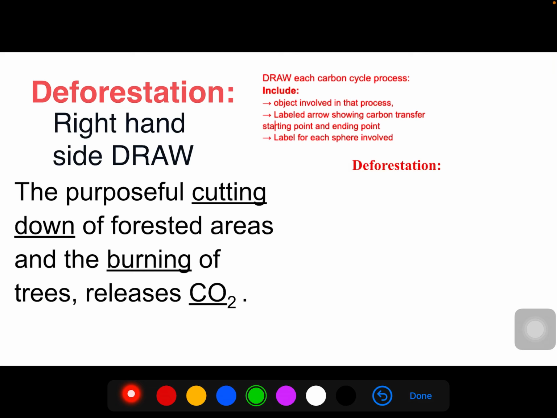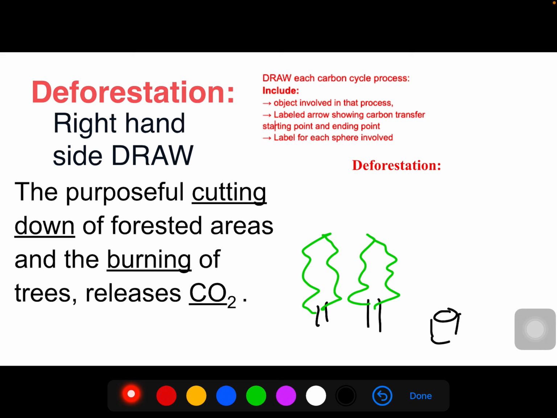So on the right-hand side, you've got room to draw a picture in there. Thinking about those trees, I'm going to go with green. Maybe get a few trees in there, and then show maybe a few stumps. All right, those trees got cut down and deforested.